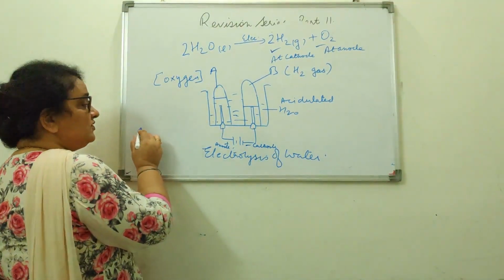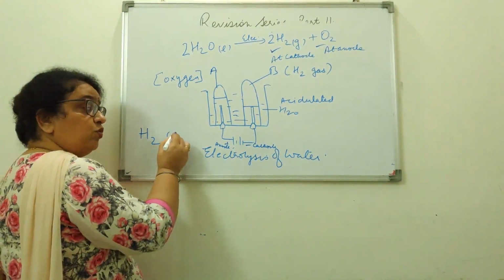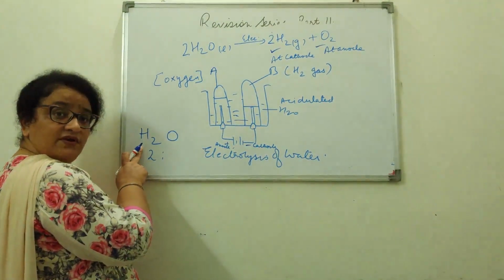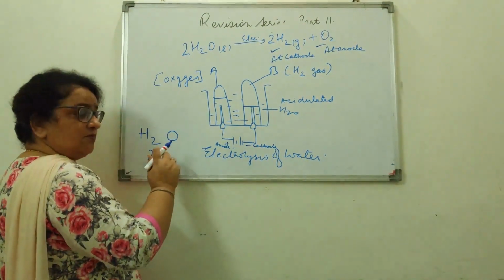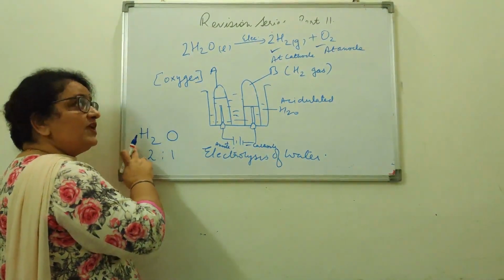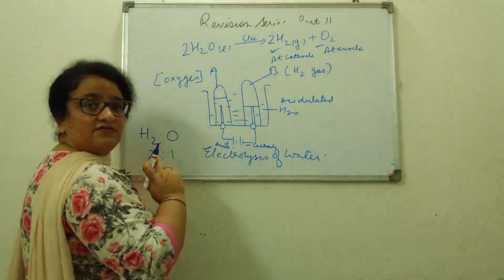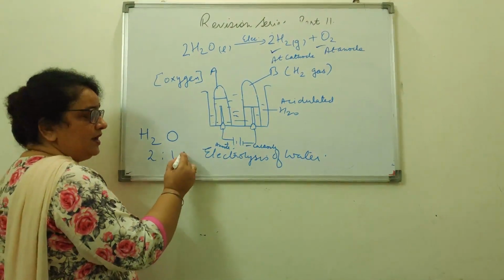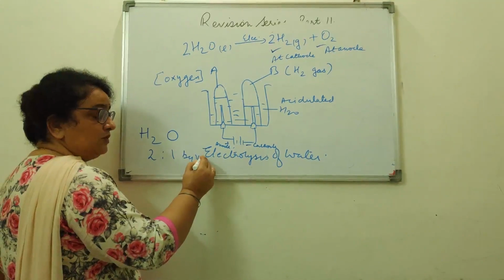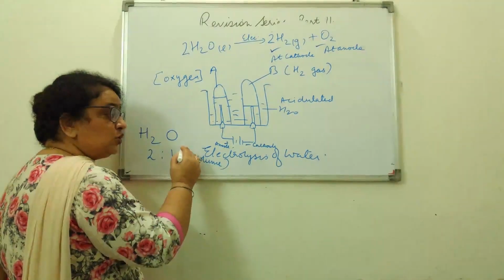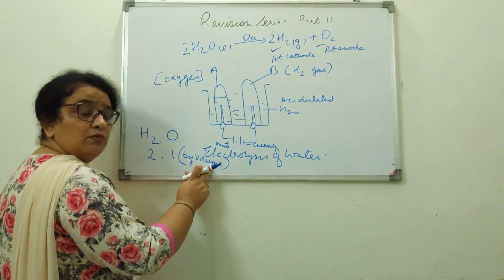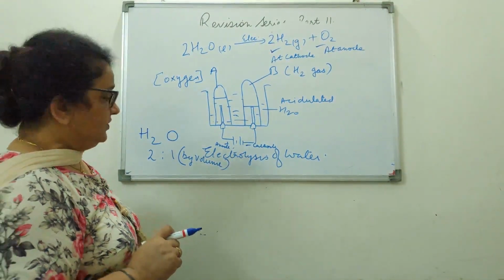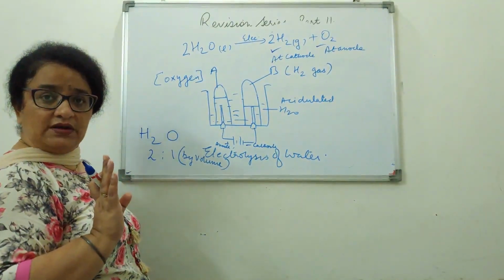And the same part you can also explain like this: in a water molecule, we have 2 atoms of hydrogen, 1 atom of oxygen. So we get gases on electrolysis of water in the ratio of 2:1 by volume. Do remember to mention by volume, because by mass it becomes 1:8. So this part of the question is also clear.